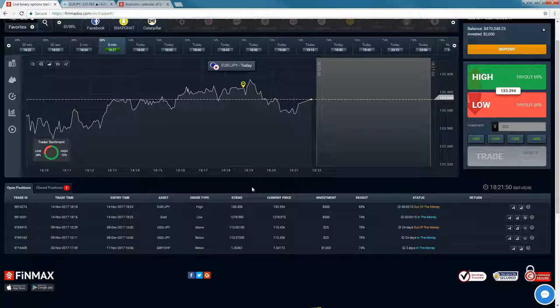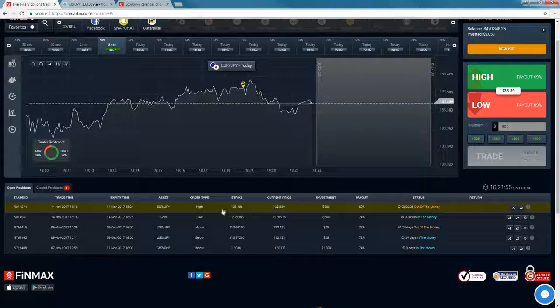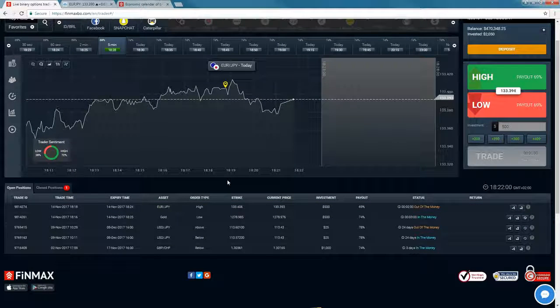So let's wait for 2 more minutes in order to make a decision what we are going to do with this pair of assets, to continue trading in order to recover or just move to another asset.